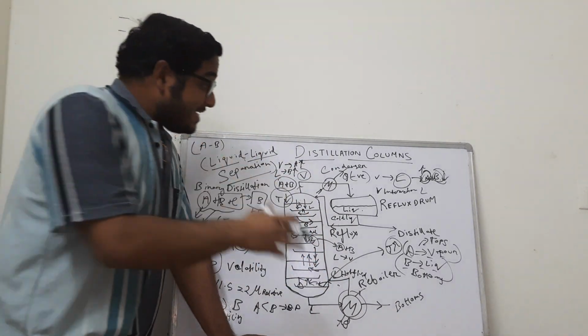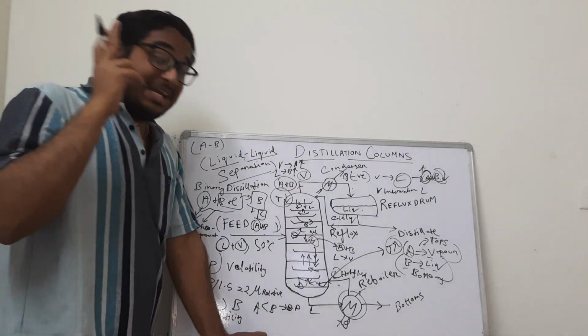So in the process, A is enriching in the vapor stream and B is degrading in the vapor stream.